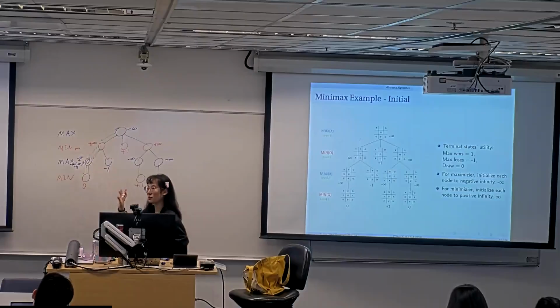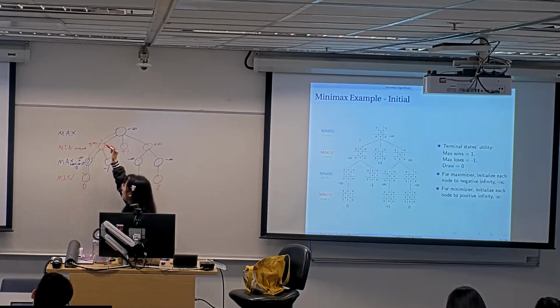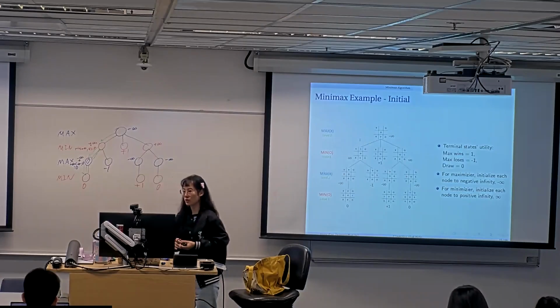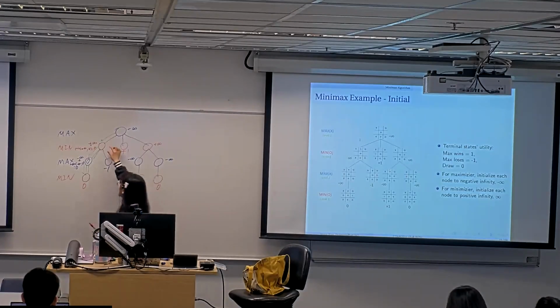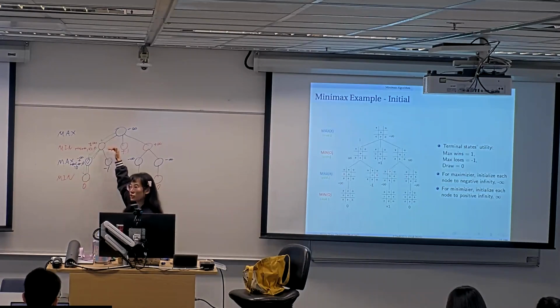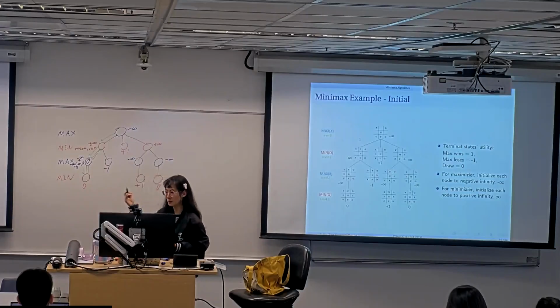Whenever it receives some new value, it needs to be updated by selecting the minimum between the old value, positive infinity, and the new value it receives from its child, which is 0. So now it's updated as 0 for this min node. But note that for this node, the current value is 0. It's not a final value. It's some temporary value because there is another child for this node we haven't evaluated. So we continue the depth first search.